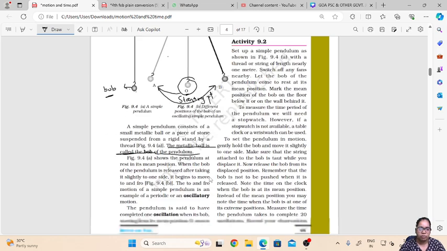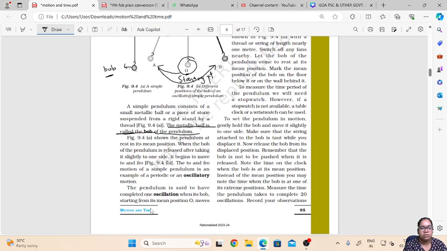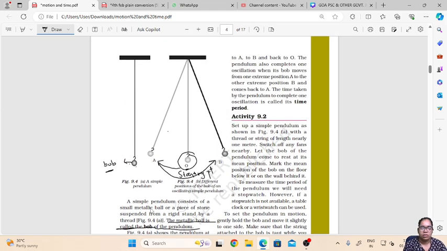The pendulum is said to have completed one oscillation when the bob, starting from the mean position O, moves to A and to B and back to O. So it starts from O and then it comes back to O.